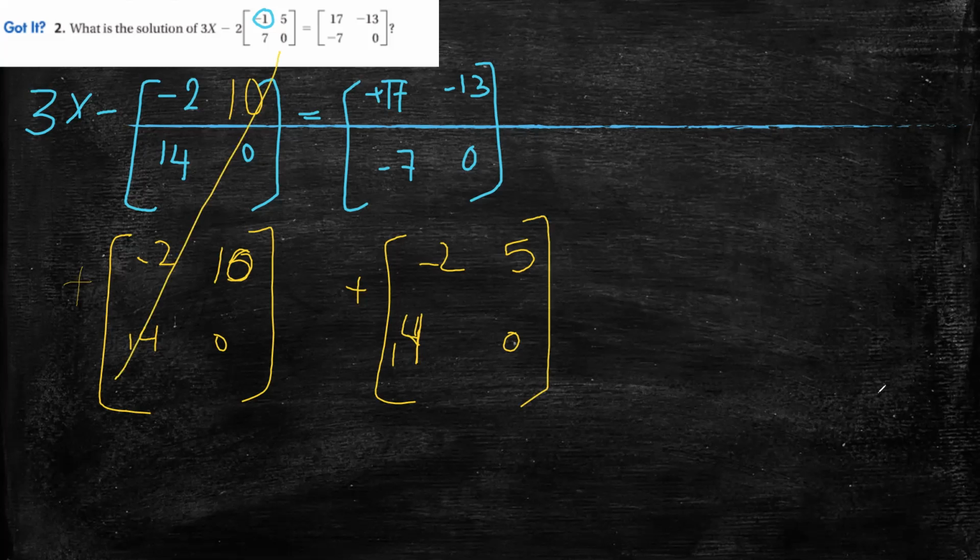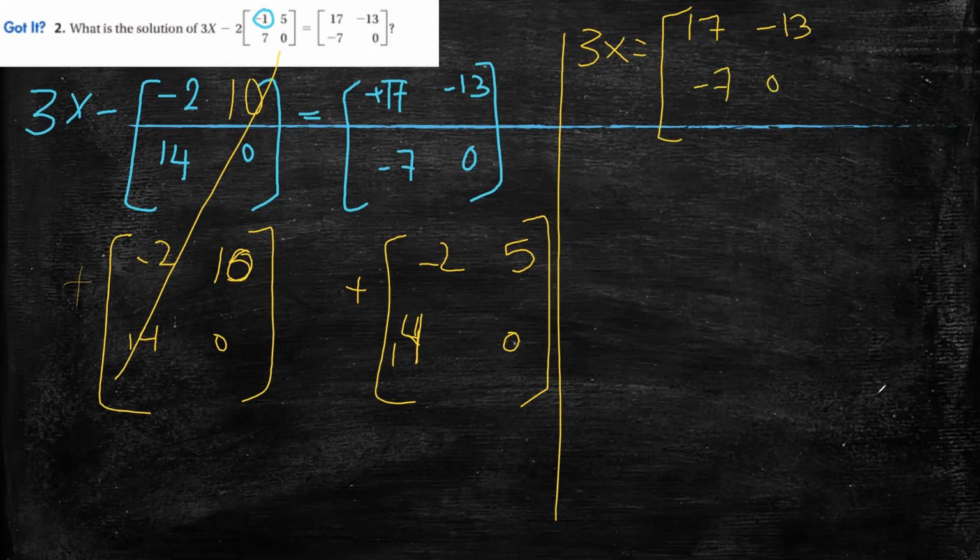So they cancel each other. After that, now I have 3x equal 17, negative 13, negative 7, 0, plus negative 2, 10, 14, and 0.